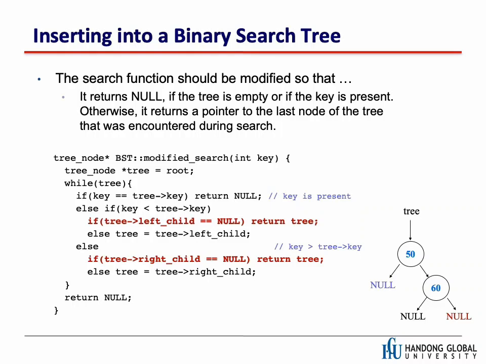So basically, once we find the right place, instead of going to it, we return the parent node instead of the current node. The target place is all the time a null pointer, so instead of returning the null pointer, we return the parent's pointer.